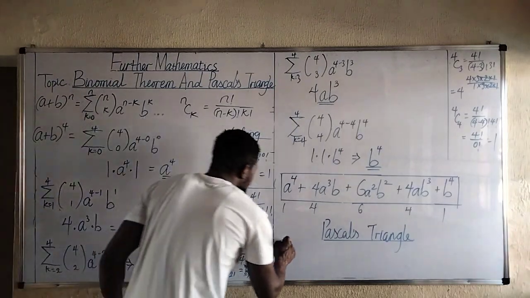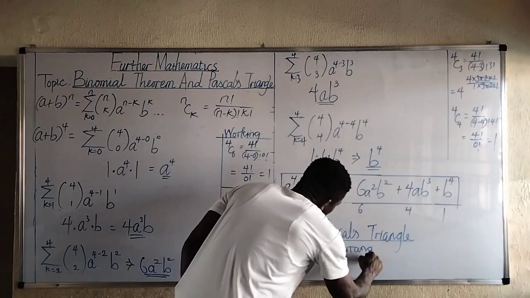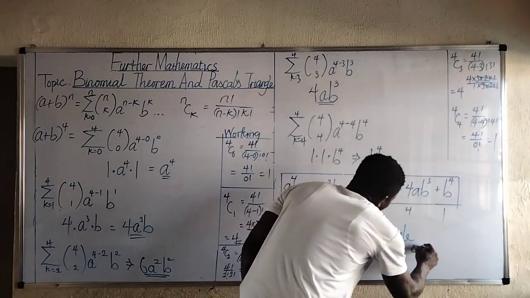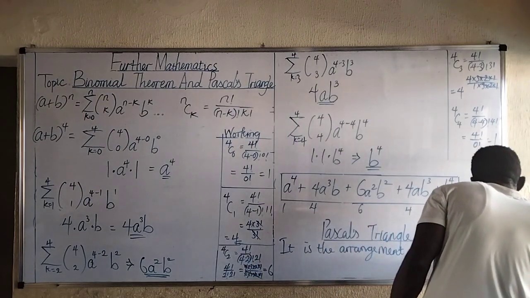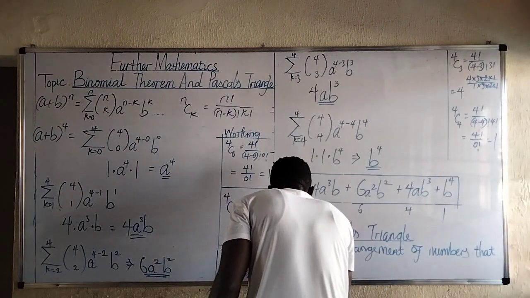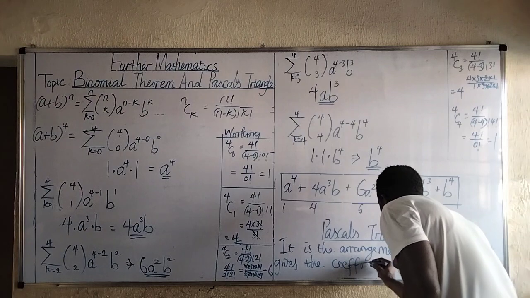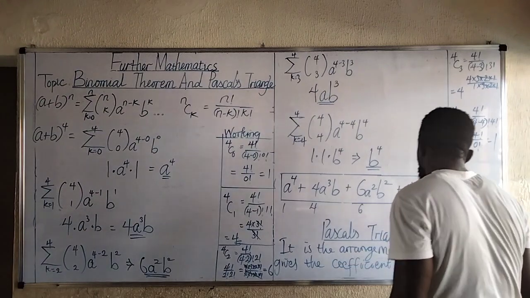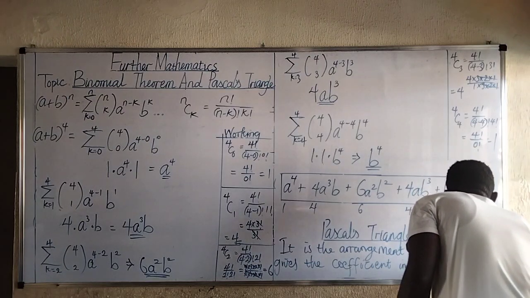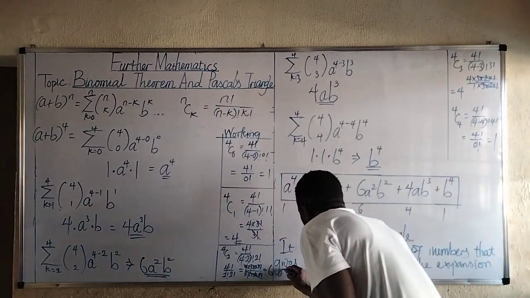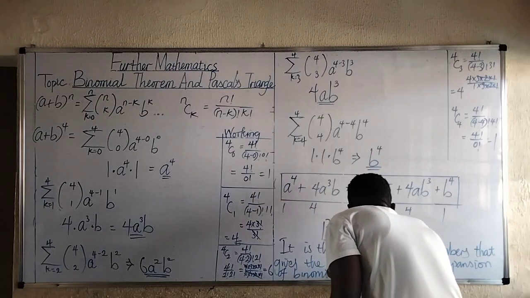It is the arrangement of numbers that gives the coefficient in the expansion of binomial expression.